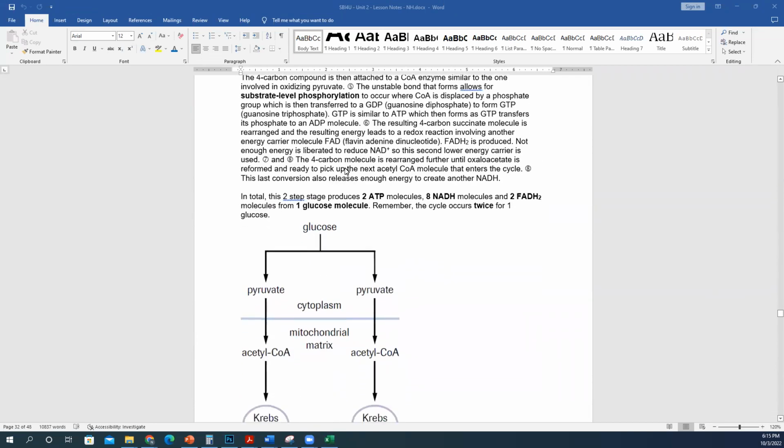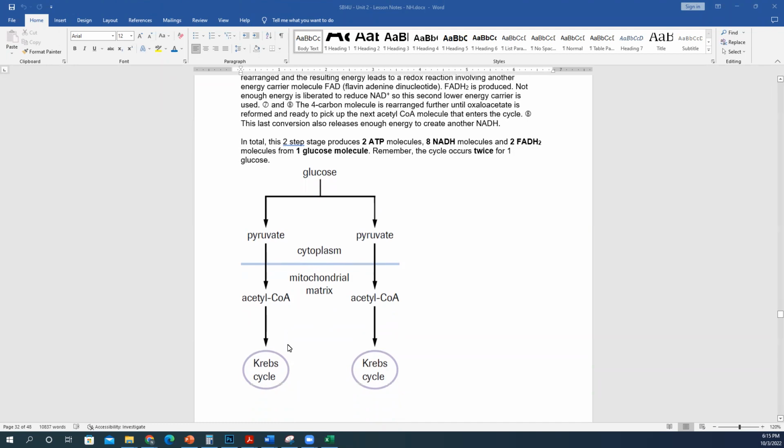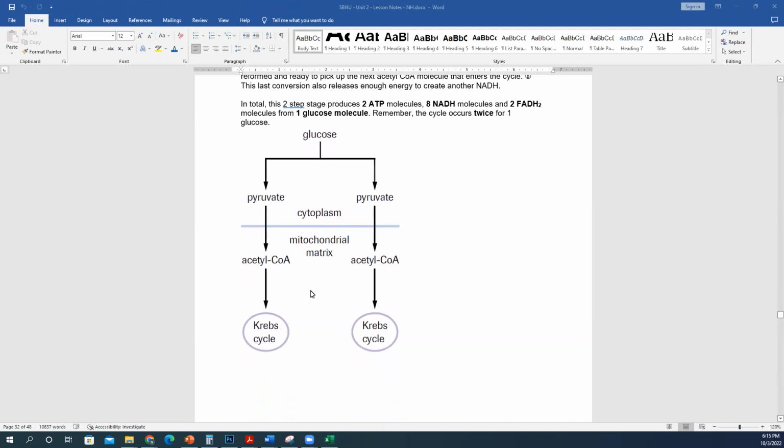So in total, we have glucose producing 2 pyruvate molecules in the cytoplasmic side, and then those pyruvate molecules enter the mitochondria, become converted to acetyl-CoA, and acetyl-CoA in the mitochondria then goes through the Krebs cycle.